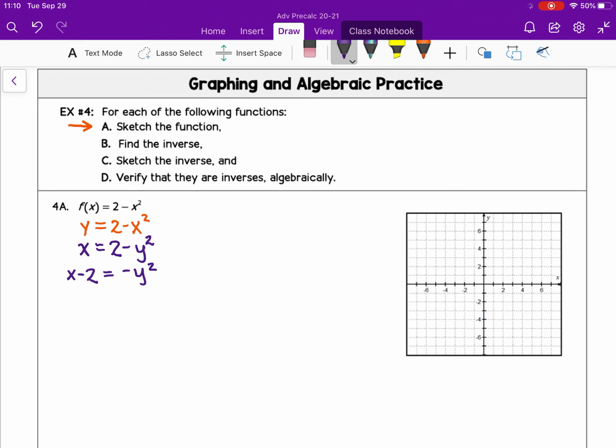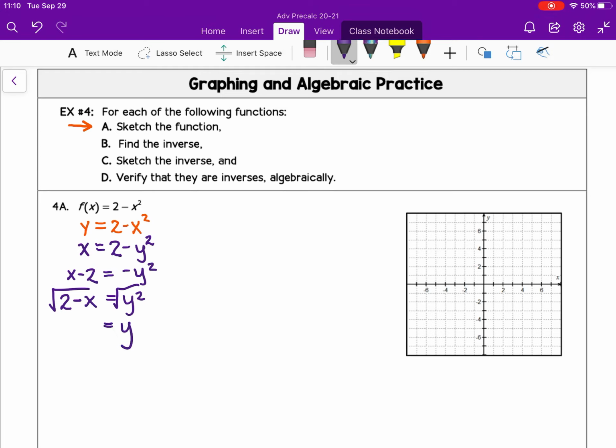So step one would be to subtract 2. Then we want to get rid of the negative. So we would divide everything by negative. What that's going to do is change the 2 to a positive, the x to a negative. So I just changed the order to make it look a little nicer. Negative x plus 2 is correct.